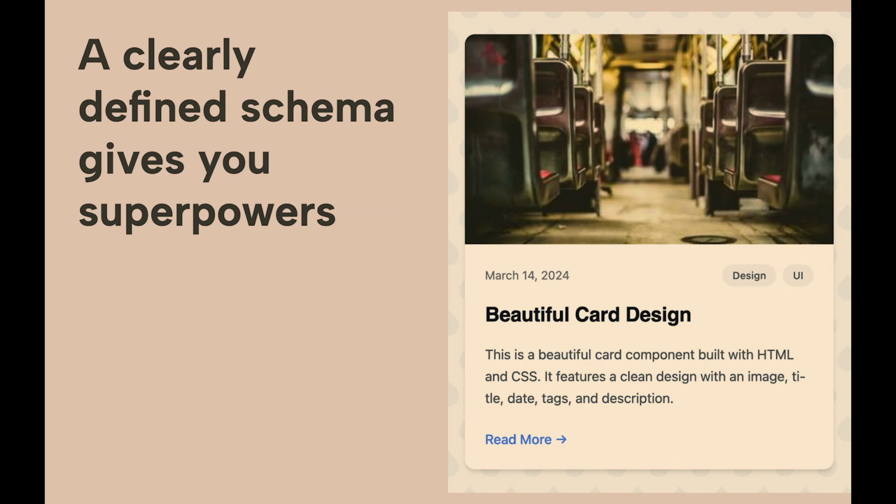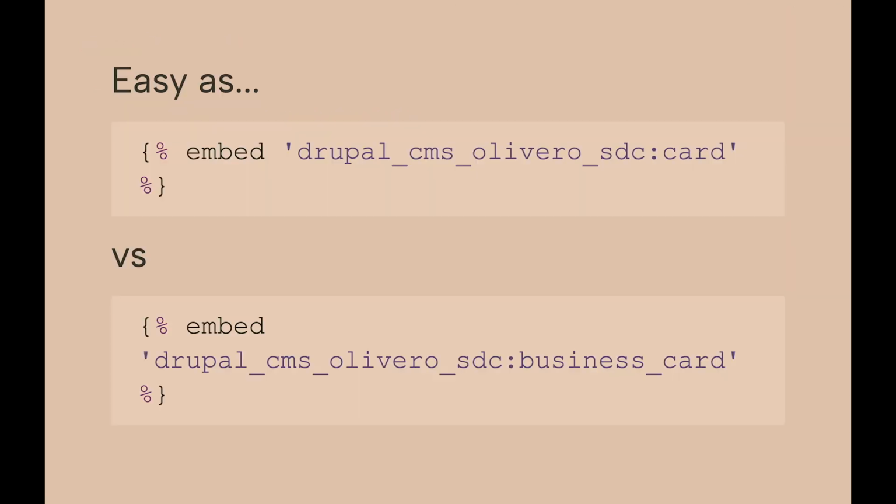So if you had two versions of this single directory component that is created, if you wanted to switch from the retro card to our fancy business style card, it literally is just as simple as using the different SDC machine name. The schema is exactly the same, so you don't have to change anything else, which is really cool.